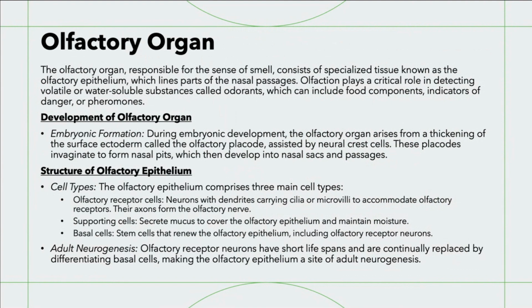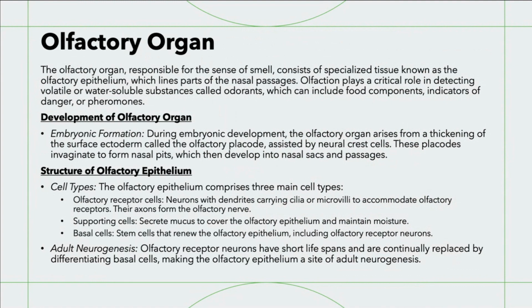So the neural crest cells essentially tell the ectoderm to form the olfactory placode, for the ectoderm to become thicker and form the olfactory placode. These placodes are then going to invaginate, so they're going to form pits, basically called nasal pits, and these nasal pits are going to develop even more and become nasal sacs and passages.